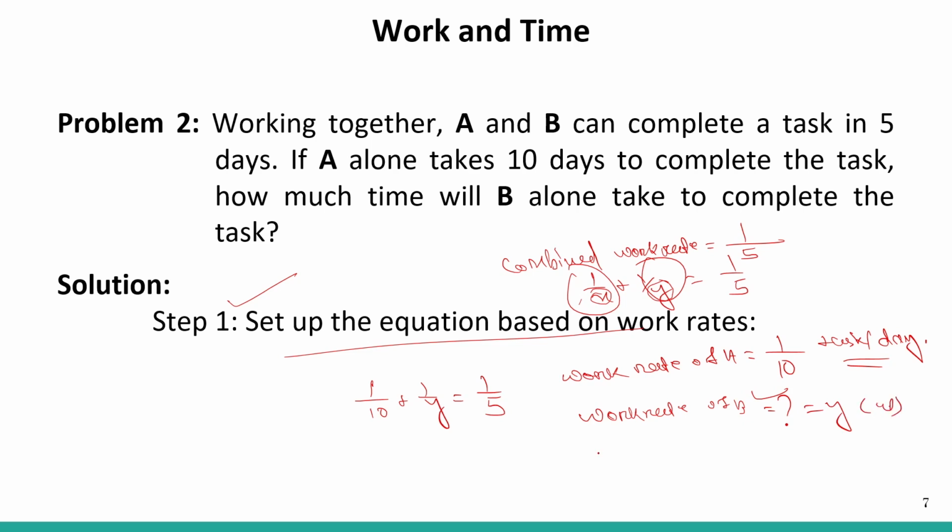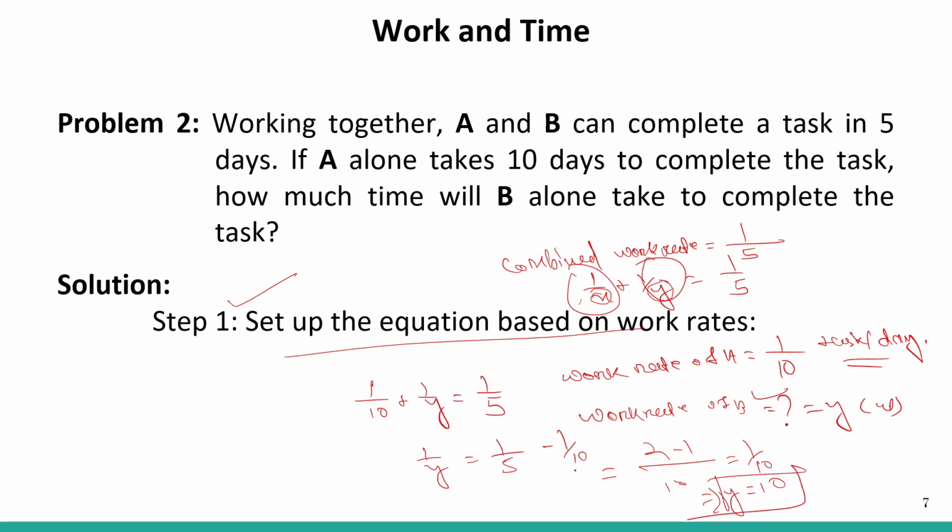So this is given, right? So 1 by y is equal to 1 by 5 minus 1 by 10, which is equal to, taking 10 as the denominator, 2 minus 1, that is 1 by 10. So this implies that y will also take 10 days to complete that work.